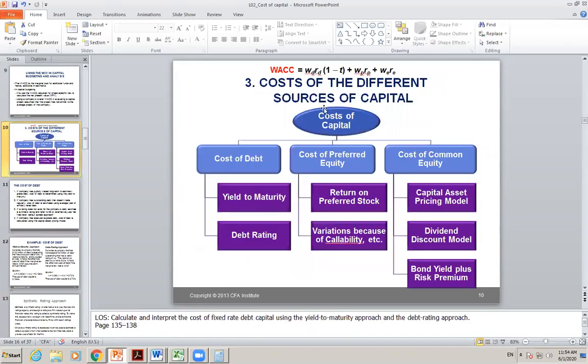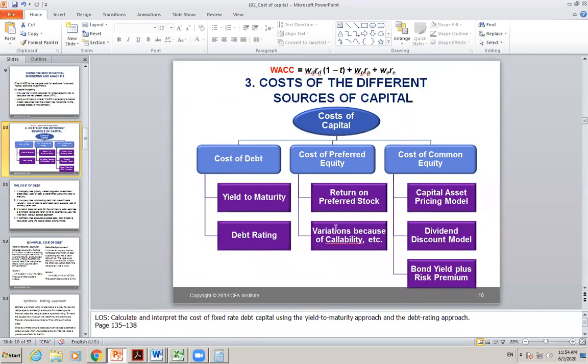Okay, so let's review what we did so far. We know how to calculate the proportions using three methods. Then we know how to estimate the cost of debt using the YTM and the debt rating measures. And the cost of preferred equity uses the perpetuity method, dividend over rate, which we rearrange to get the rate as dividends over the price.